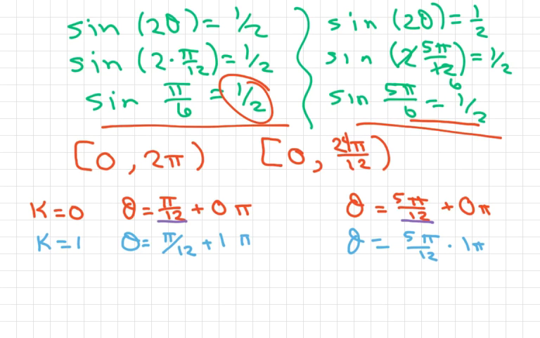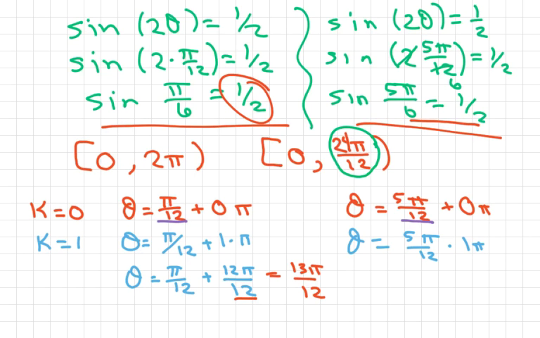Now, to add pi to this, we're going to get pi over 12 plus 12 pi over 12, because 1 times pi is pi. And that gives you 13 pi over 12. So that's going to work because it's less than 24 pi over 12.